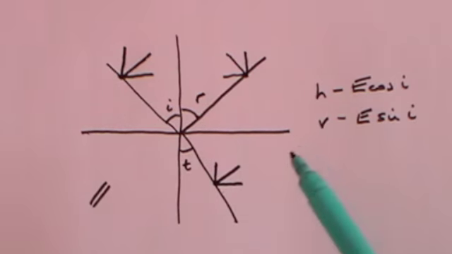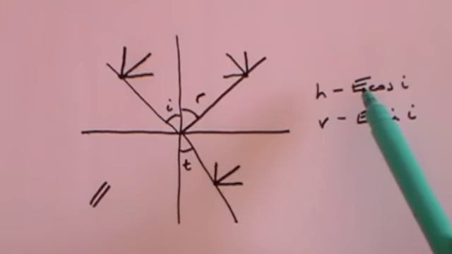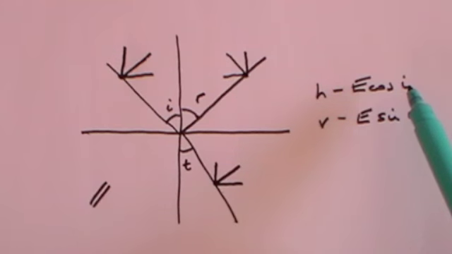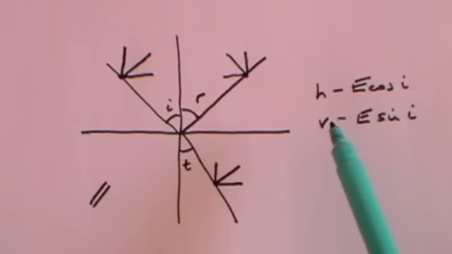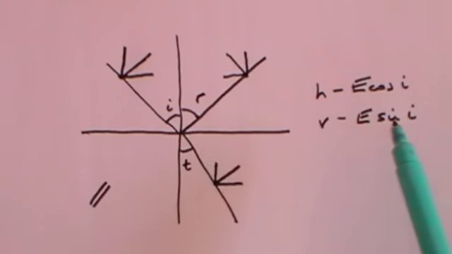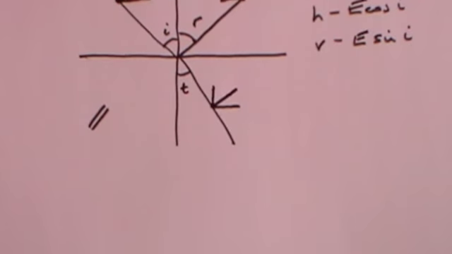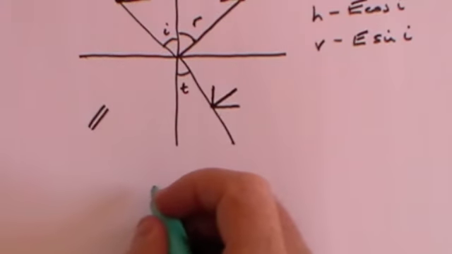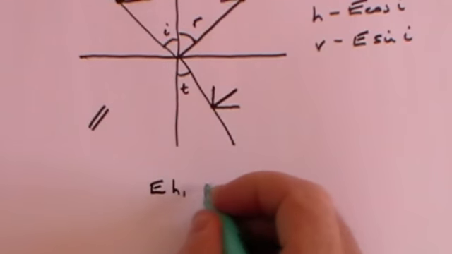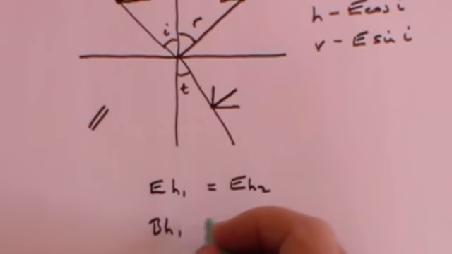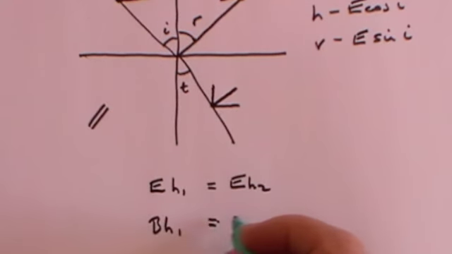And just as before, we can say that the horizontal component will be the respective E vector times the cosine of the angle, in this case of incidence, but it could be of reflection or transmission. And the vertical component is E times the sine of that angle. And I just remind you again of the boundary conditions that are relevant here, that the EH1 equals EH2 and BH1 equals BH2.